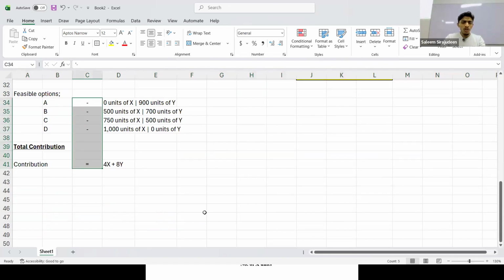Now the contribution line also we have constructed. Yes or no? Now what we have to do? We have to find the total contribution.